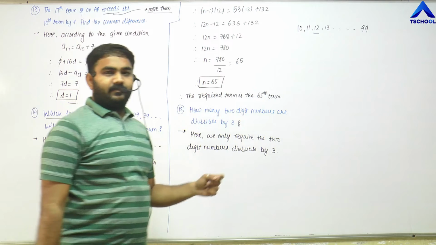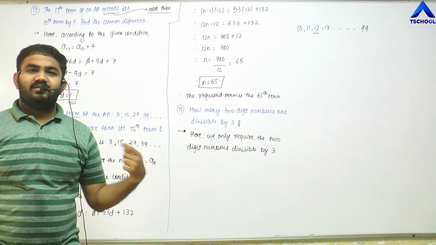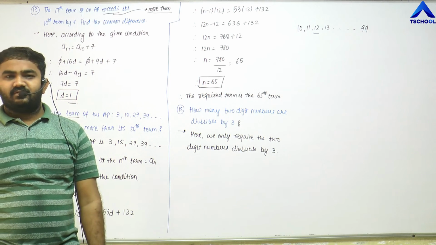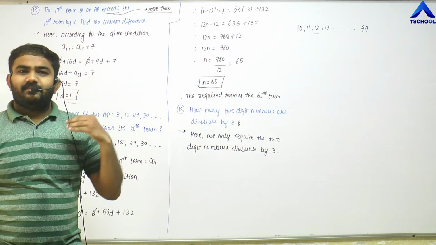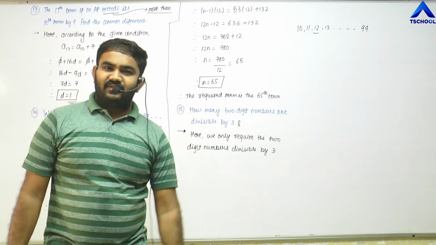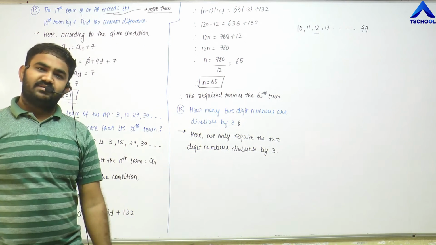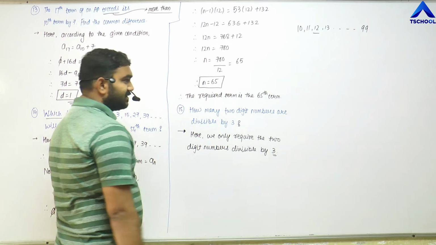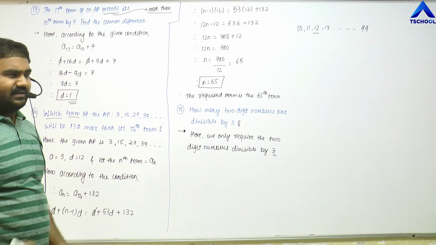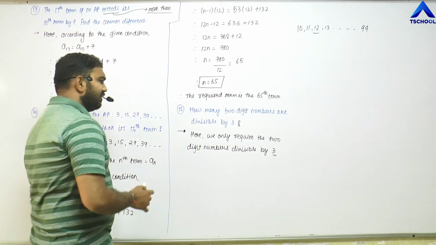Now simply, rather than dividing each and every number, once we get the first number, simply add 3 to each preceding number so as to get the succeeding numbers, because each number that we get here is divisible by 3. That means they will be in a difference of 3, right?